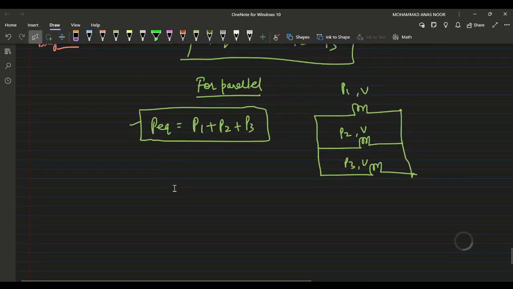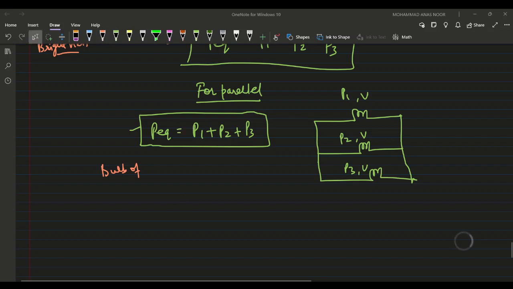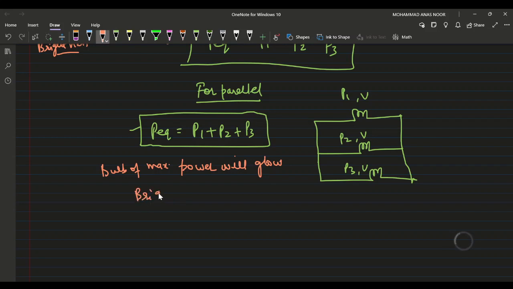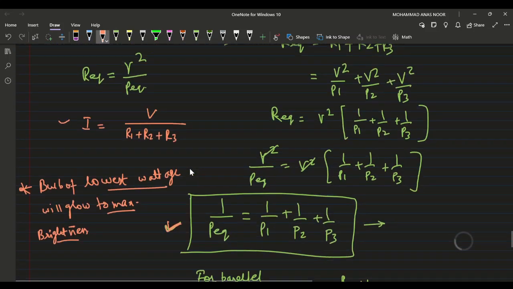But for the parallel combination, the bulb of maximum power will glow brighter. It is understood also, no?